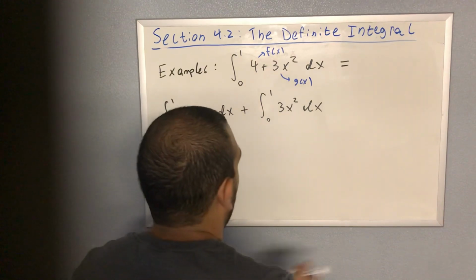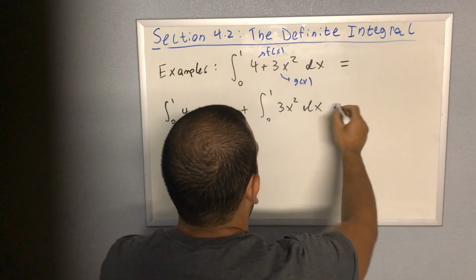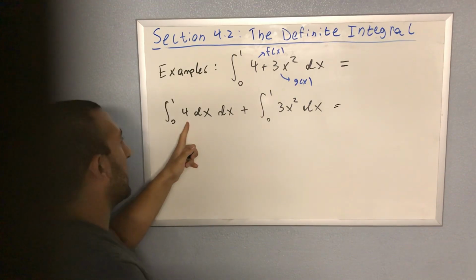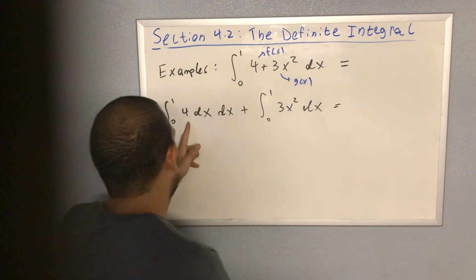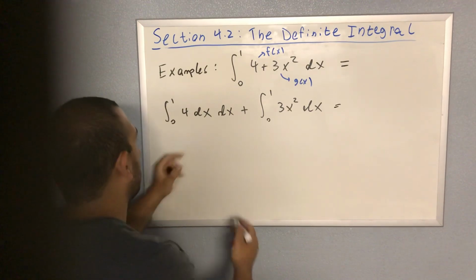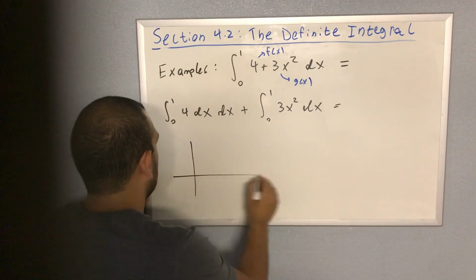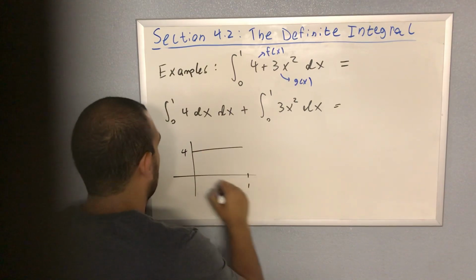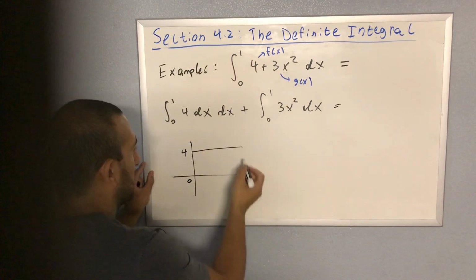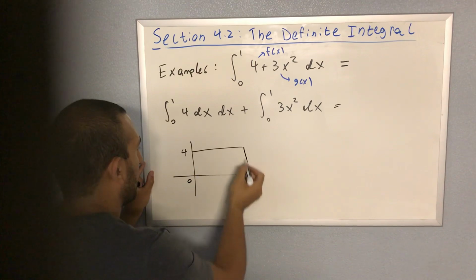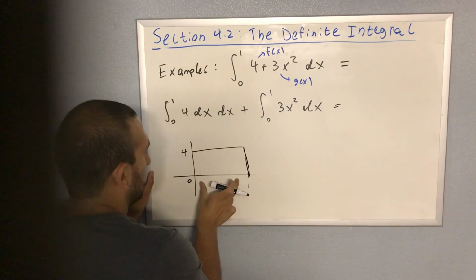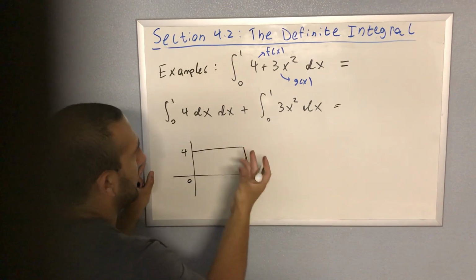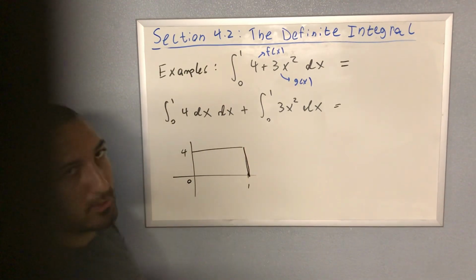Now, another use of the property is, right, this is a constant. So what did we say the area underneath the constant was? If you picture what this looks like, this is just a horizontal line 4 units up. Here's 0 and 1. It never changes. So what's the area underneath this? Well, it's this length, which is 1, times this height, which is 4. That's all that formula was saying.